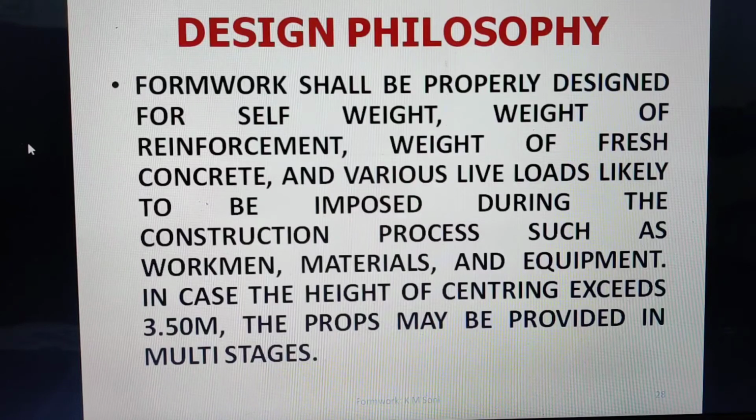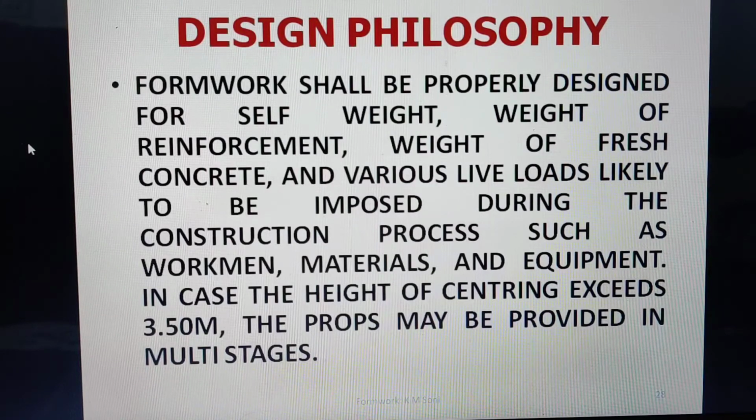Another important thing is that if the concreting is poured or cast from a height, then impact forces are also there. So in case of height of centering, that impact is also to be considered, or pouring from height is not to be allowed.